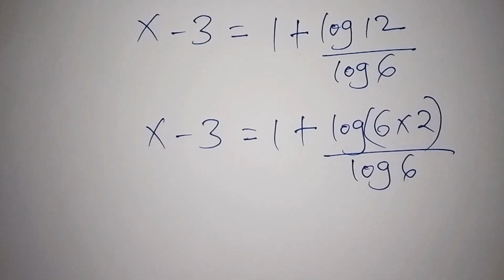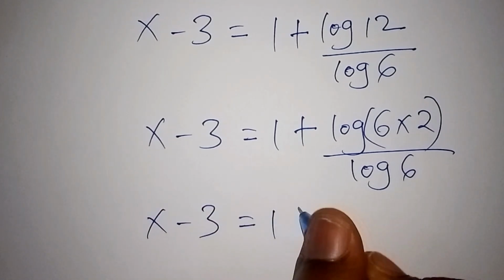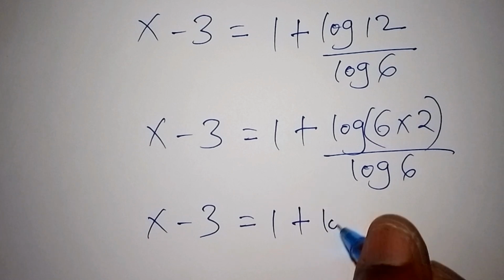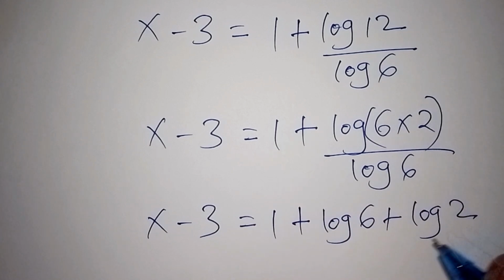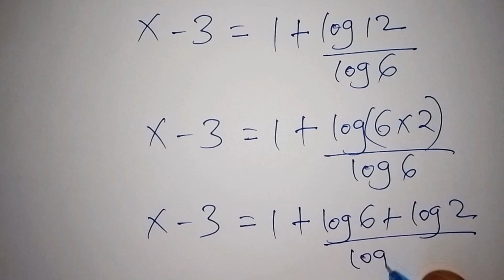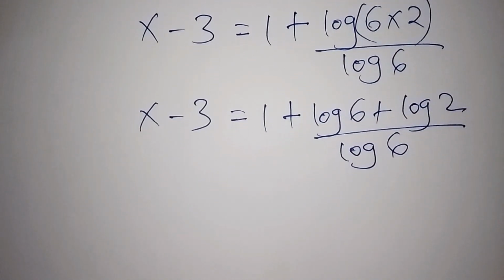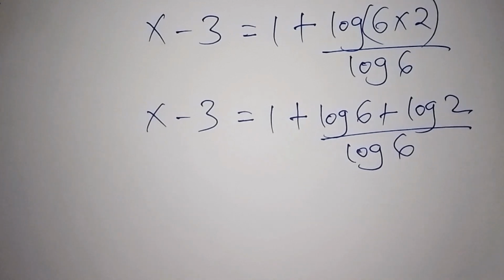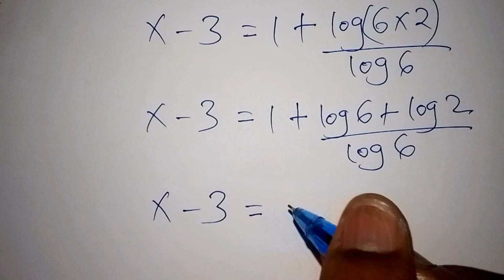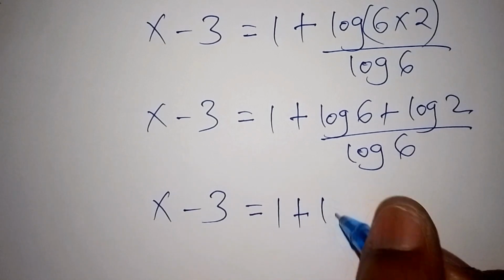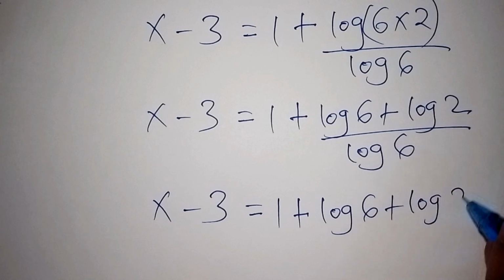So x minus 3 in this case is equal to 1 plus the log of 6 plus the log of 2 all over the log of 6. So our next step now, we shall have something like this: x minus 3 is equal to 1 plus the log of 6 plus the log of 2.